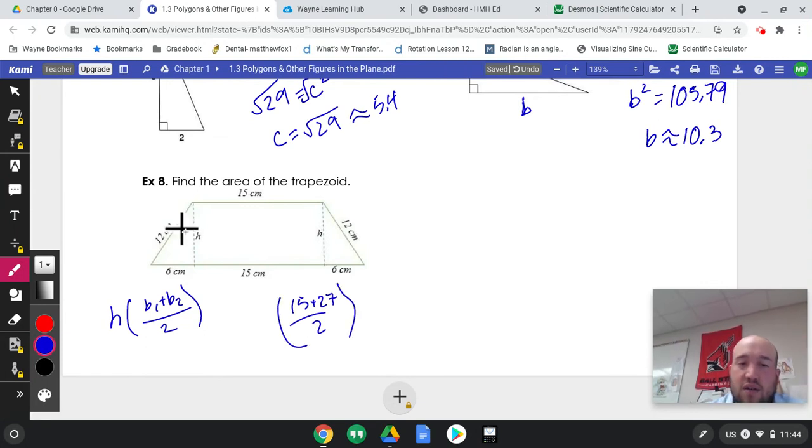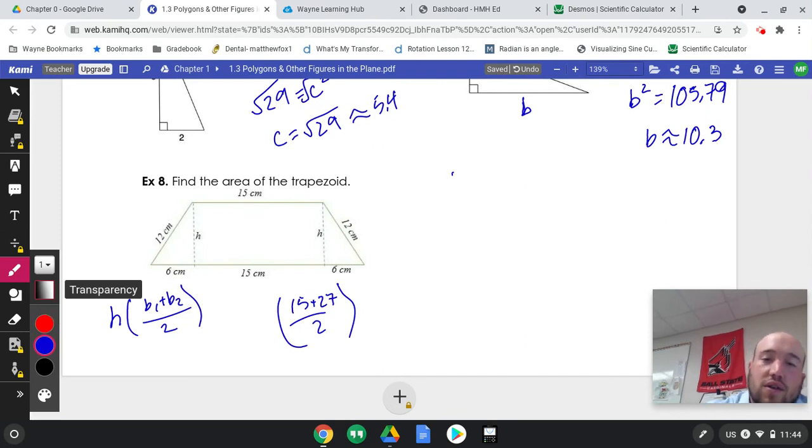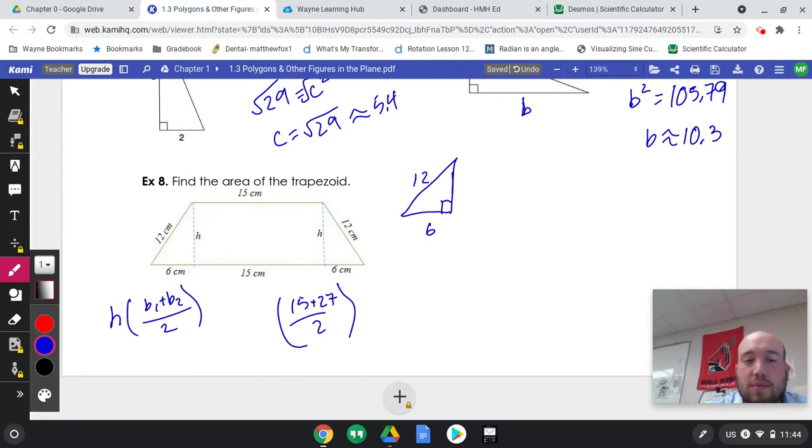To find the height here, hopefully you notice either one is going to be the same. This is a right angle. It forms a right angle here. So we can use the Pythagorean theorem to help us solve it. Now 12 has to be c. It's opposite of the right angle. We don't know what this is, so 6 squared plus b squared equals 12 squared. 6 squared is 36. 12 squared is 144.